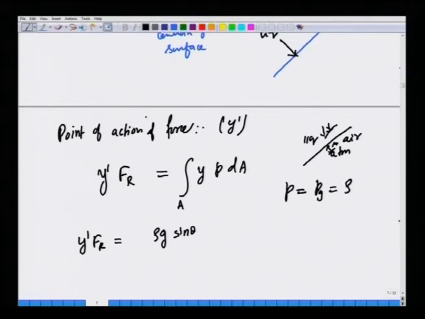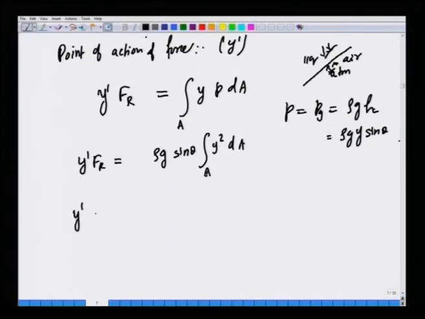So, this is rho g H c times A. P g is rho g times H, which is rho g y sin theta. So, integral rho g sin theta, y squared dA.